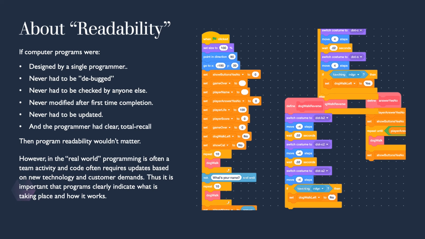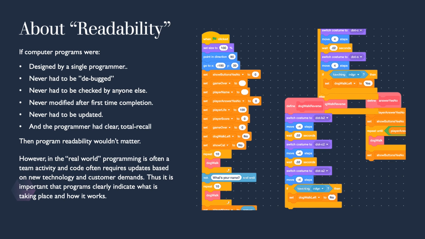However, in the real world, programming is a team sport. You have groups of people working on something together, sometimes at different times. Sometimes a guy gets called off that project to go to something else, and the new girl coming in looks at it and says, man, I can't follow this. What's this doing?